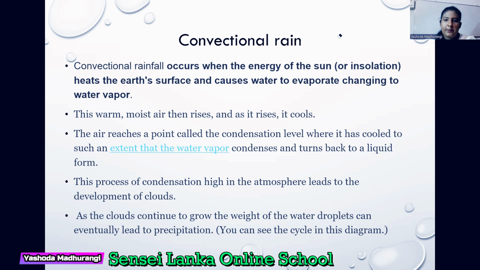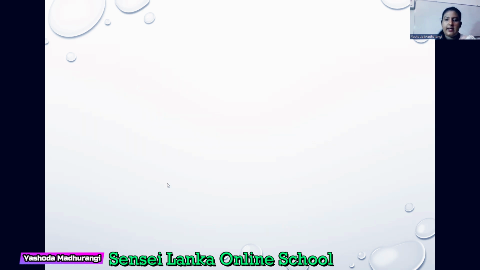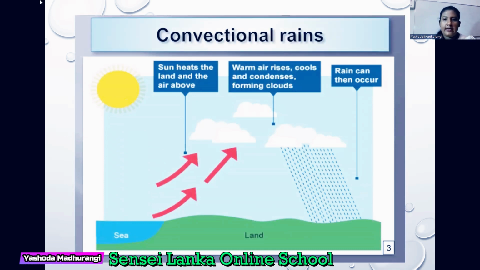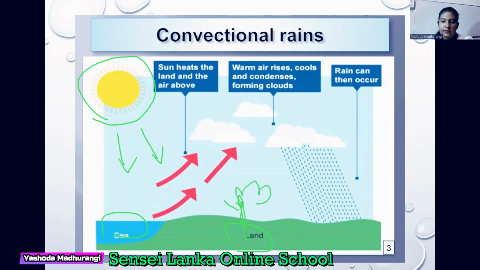Now let's look at a picture, then you can understand. Okay, look at this picture. Can you see the sun is here? Because of the sun's rays, this water and the land, if there are trees, what happens? The air gets heat.